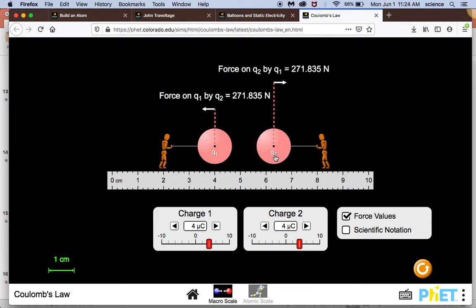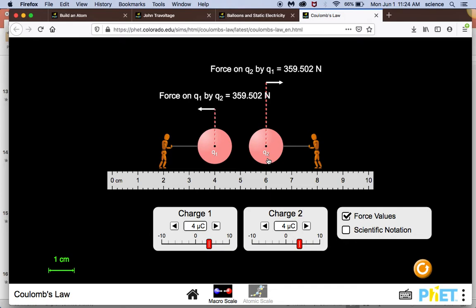So let's put these back together again, and let's put the charges at 2. So if I have these 2 charged particles, separated by a distance of 2 centimeters, and I leave that distance the same, but I double the charge on each one, so it was 2 microcoulombs on each, the force is about 90 newtons on each one.